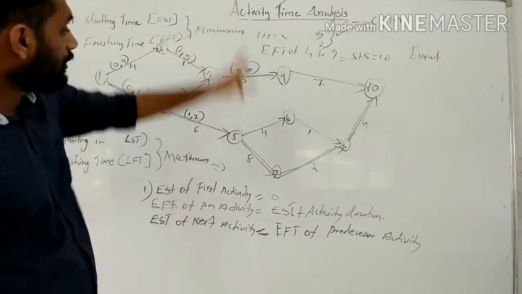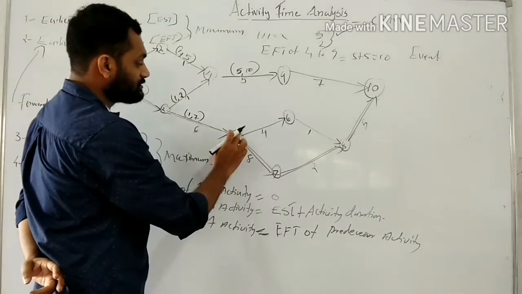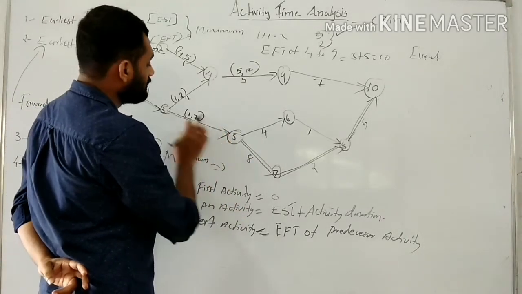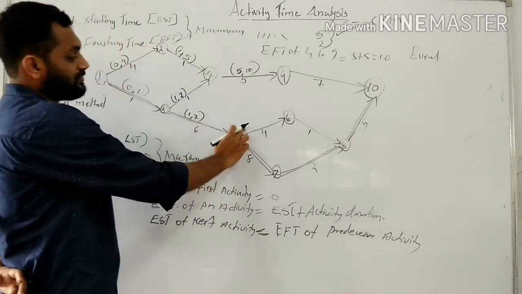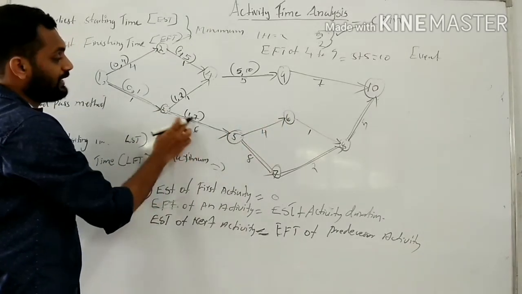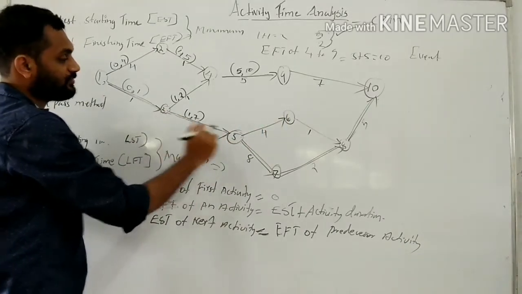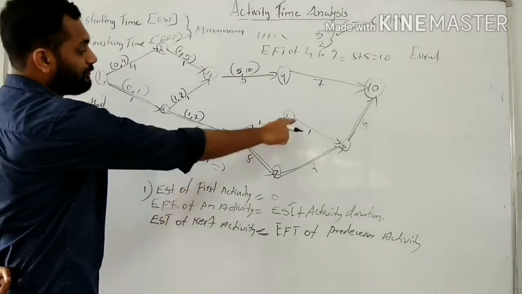Then we have activity 5 to 6. ESP of this activity will be the EFT of the predecessor. Predecessor activity of 5 to 6 is 3 to 5. EFT of 3 to 5 is 7. So 7 is the ESP of 5 to 6.